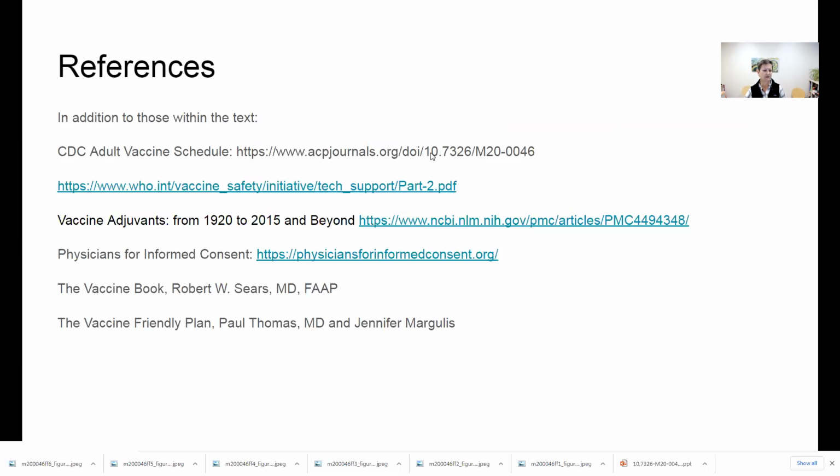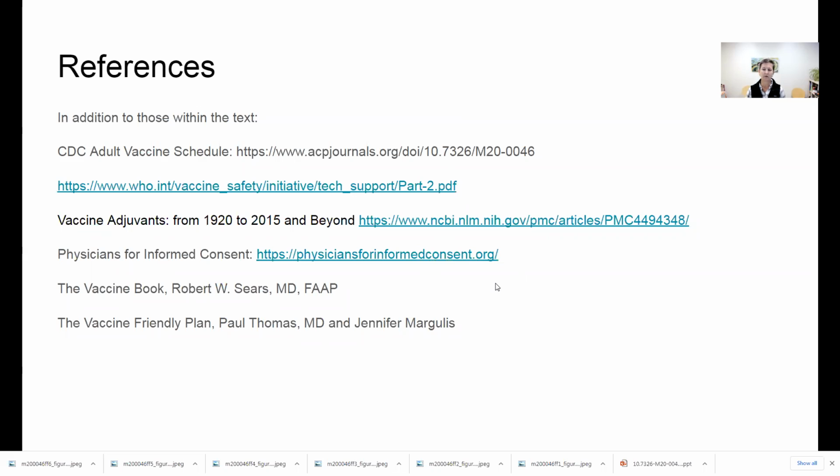And with that, references. These are the references that were within the talk. There's a really great World Health Organization PDF that breaks down the different vaccine types, and it's really helpful. And then some information about vaccine adjuvants, a link to Physicians for Informed Consent, which I think has some good information.